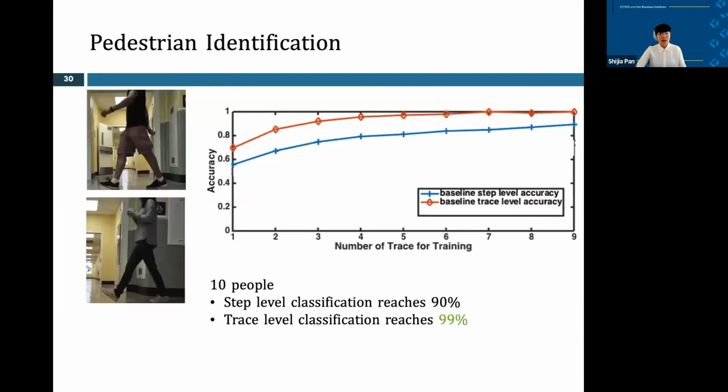So let's get back to the pedestrian identification problem again. As we very briefly mentioned before, each person has a unique walking pattern called gait. For example, the two figures on the left-hand side here demonstrate two people with very different gait.